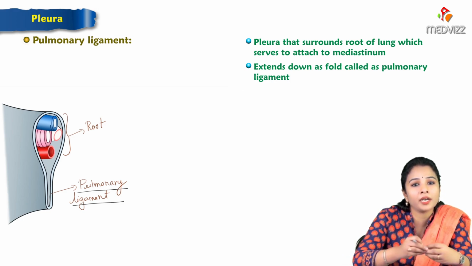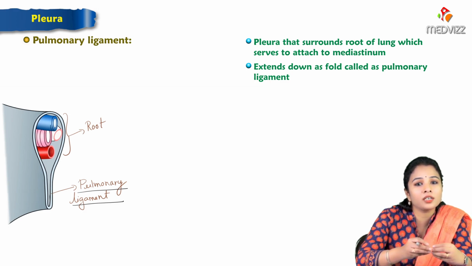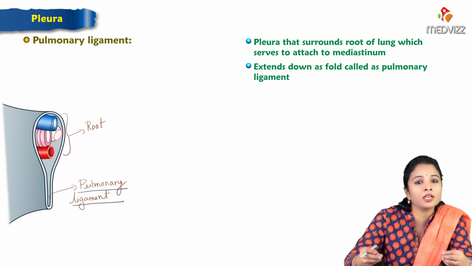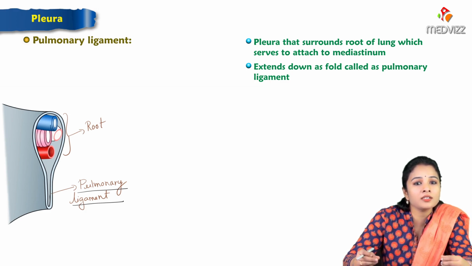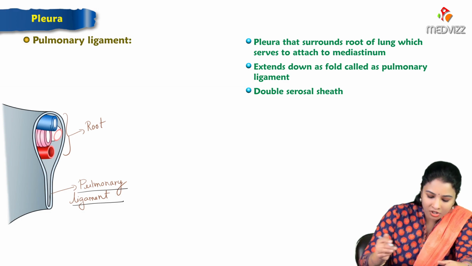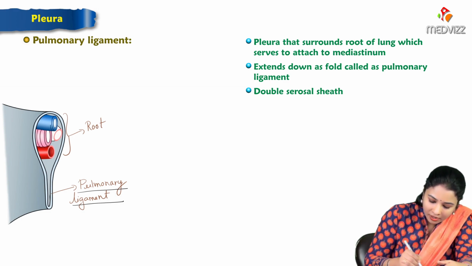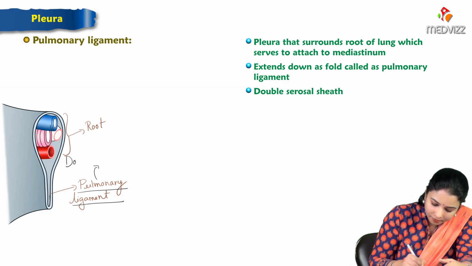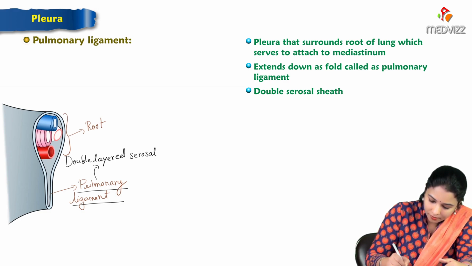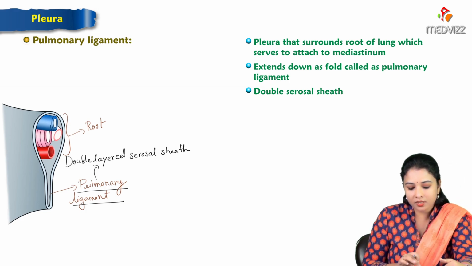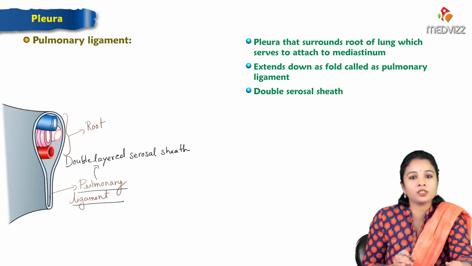So the parietal pleura forms a double layered vertical fold which is called as pulmonary ligament. So it is a double layered serosal sheath.